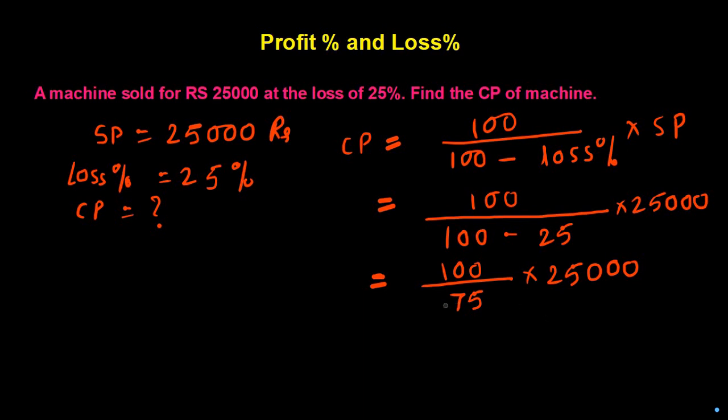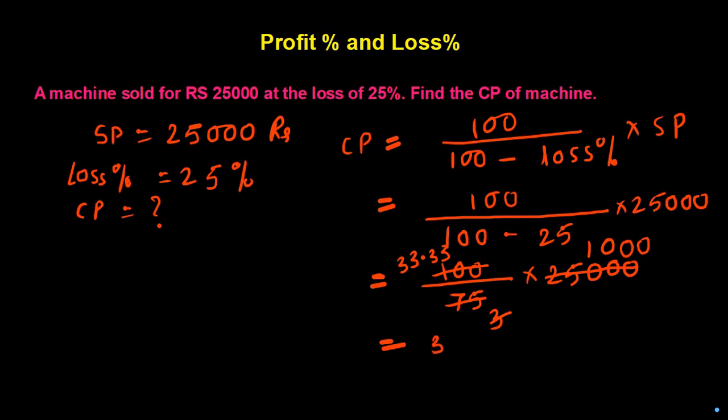Okay, let's just simplify. You know that both these numbers can be divided by 25, so we are doing it. 25 times 3 is 75, 25 times 1 is 25, and then 3 zeros. Now you can divide this 100 by 3 because you do not have any other option. And when you divide 100 by 3, you will get the answer that is 33.33.